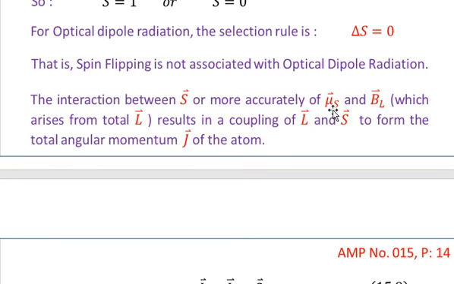In the atom, mu_S, the spin magnetic moment, will interact with B_L, resulting in a coupling of capital L and capital S. We interpret this coupling between mu_S and B_L as the coupling between the orbital angular momentum L and the spin angular momentum S to form the total angular momentum J of the atom.